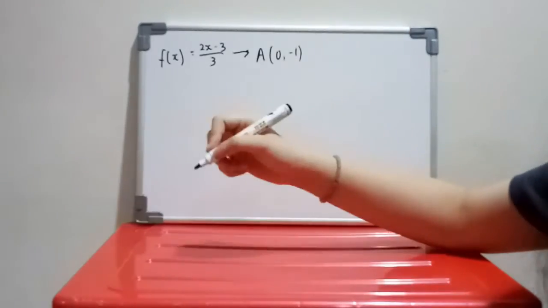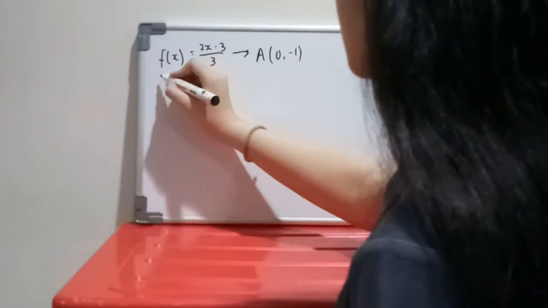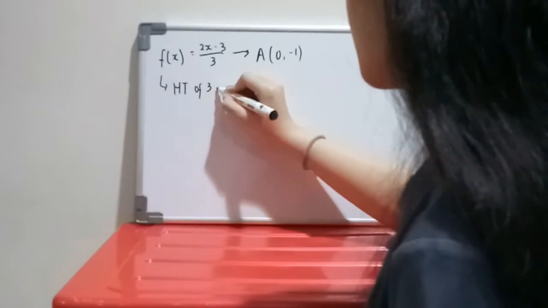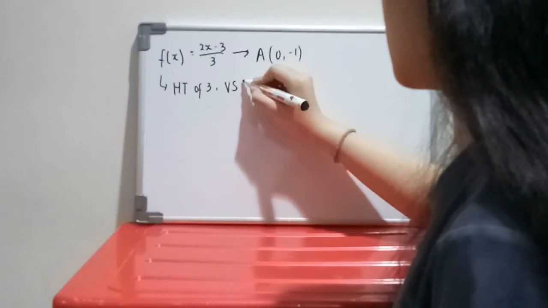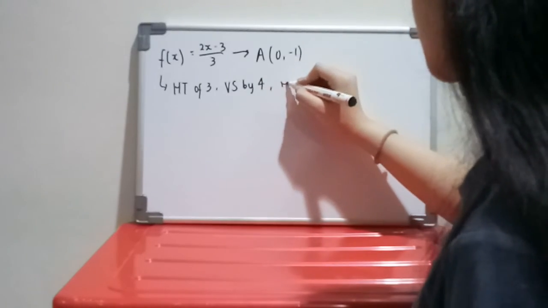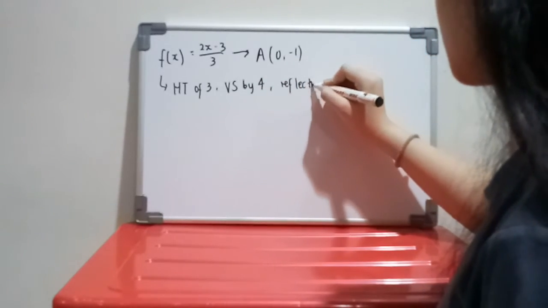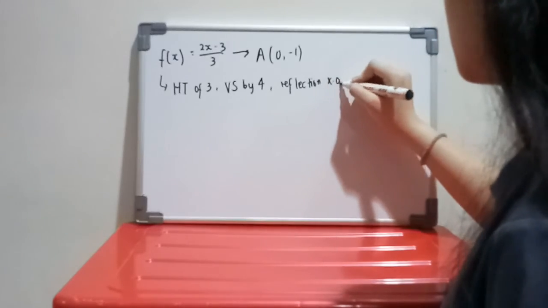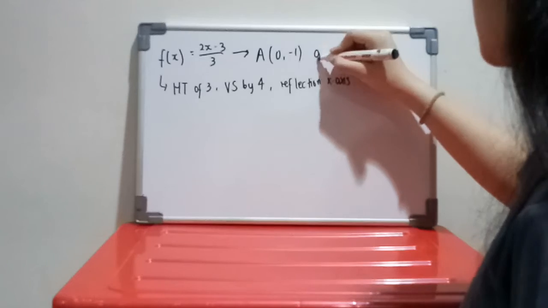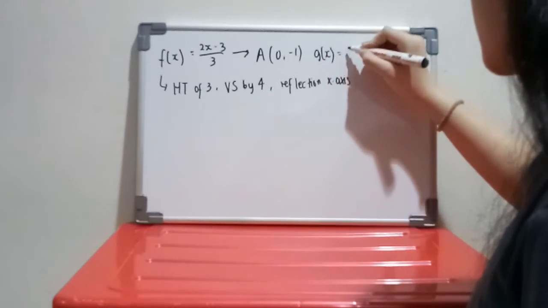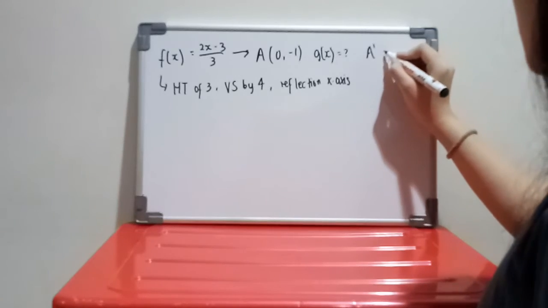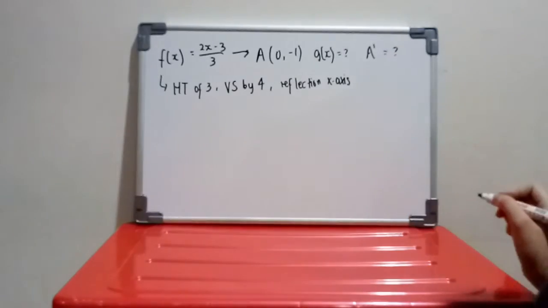And we know that g(x) is f(x) when it's transformed by horizontal translation of 3 units, vertical stretch by 4, and reflection in the x-axis. We're trying to find g(x), the function of g(x), and what the new point A is on g(x).